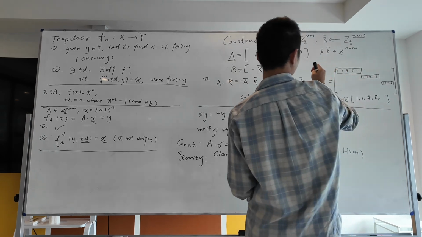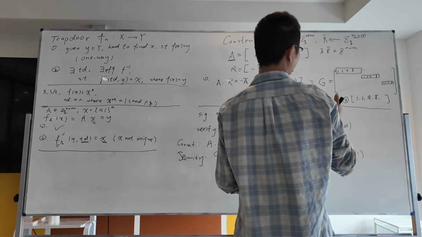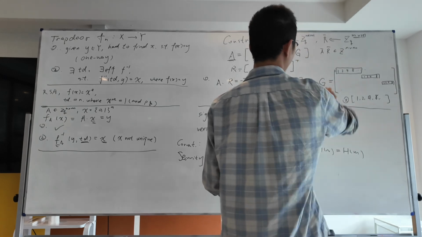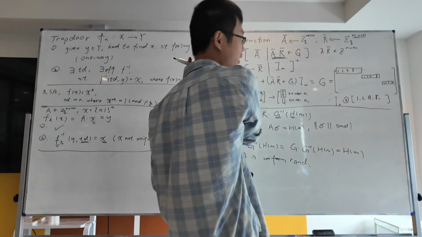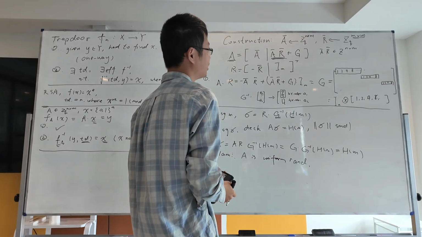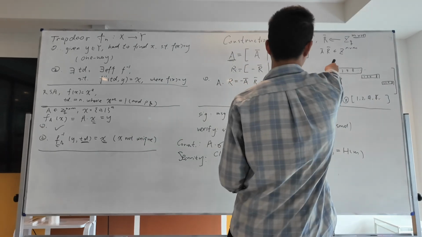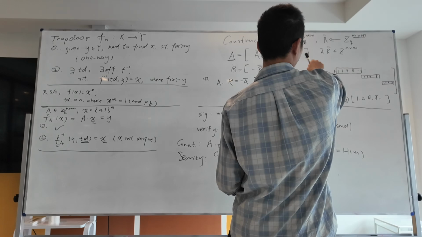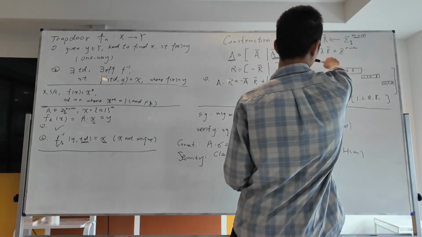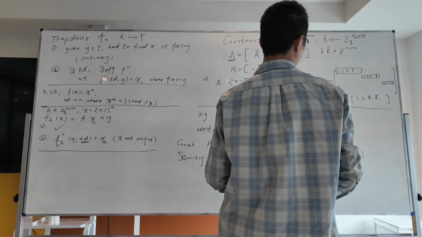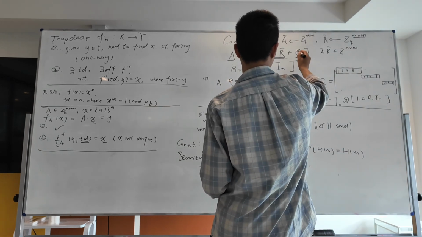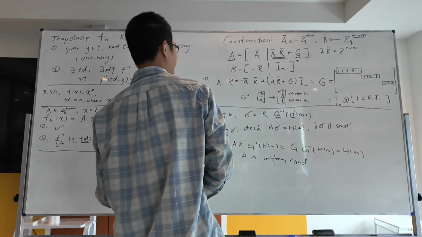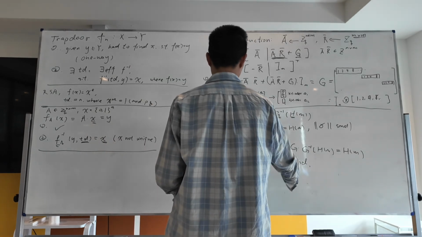So we have sufficient randomness to make A bar R also random, and formally this is called the leftover hash lemma. It basically says that if you multiply by a random matrix and the result is smaller than the original random source, the output will also be random. And G is just a constant, and random plus a constant is also random. So this A is uniformly random.